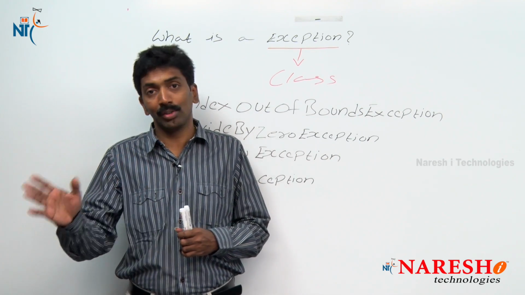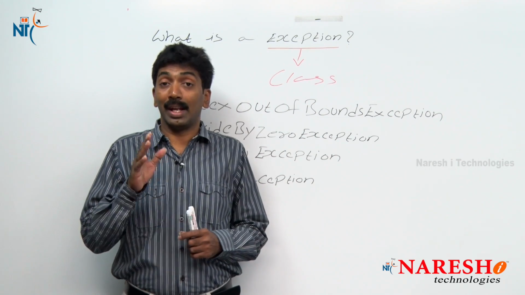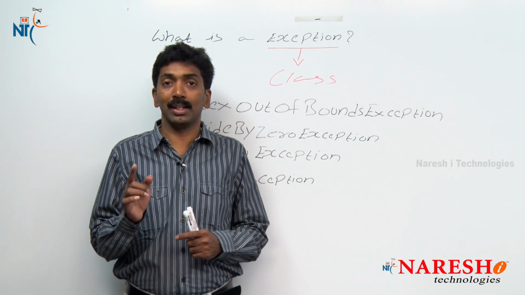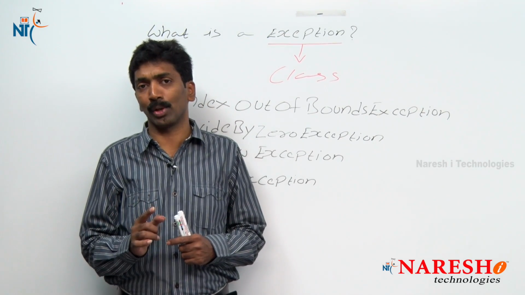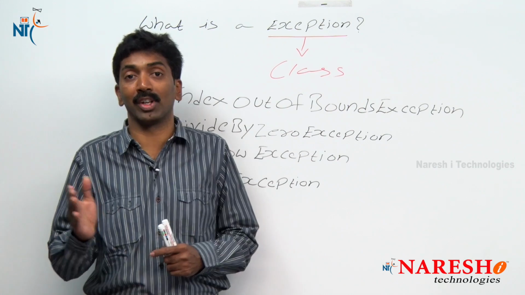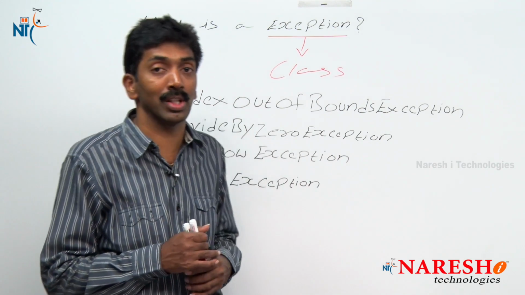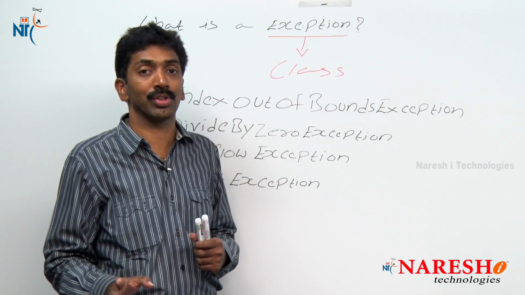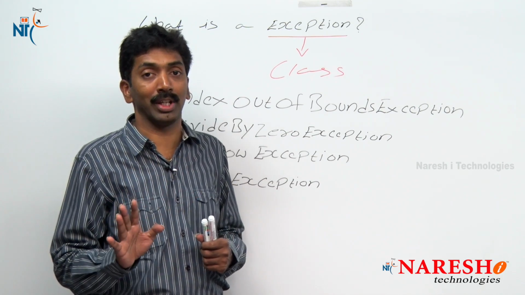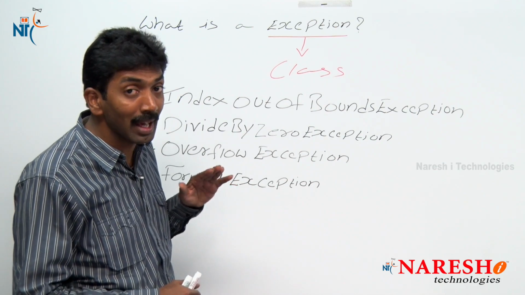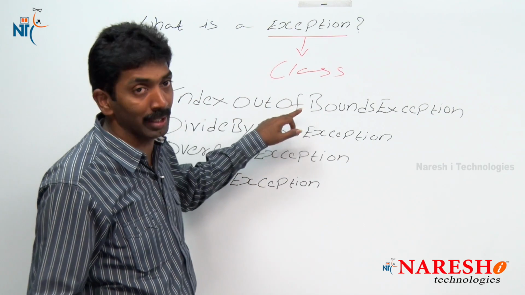So that's why an error message is given to you in this process. Because it is going to give you an error message, a different error message has to come in different scenarios, not the same error message always. That is the reason why, to represent each and every error, one class has been defined.